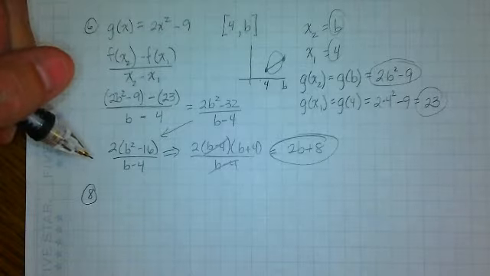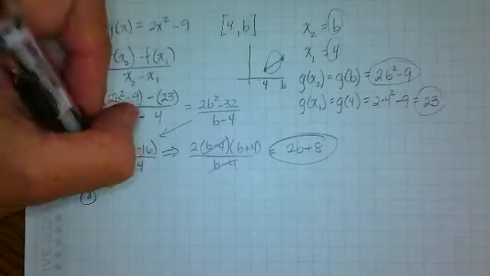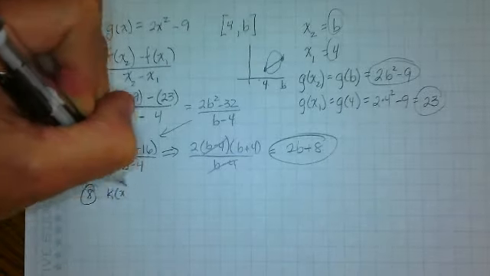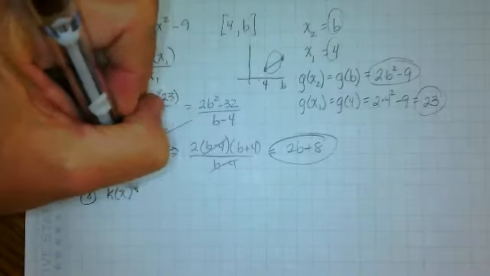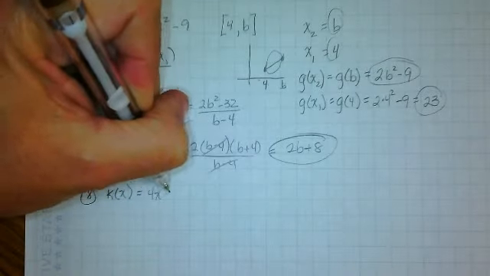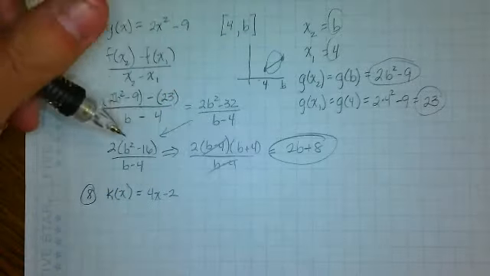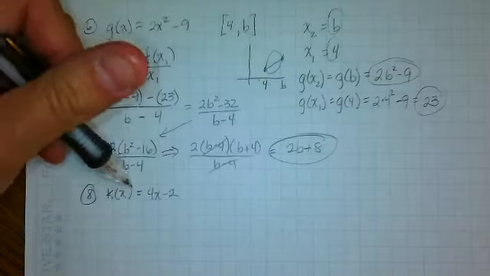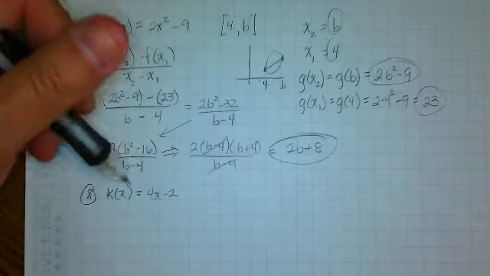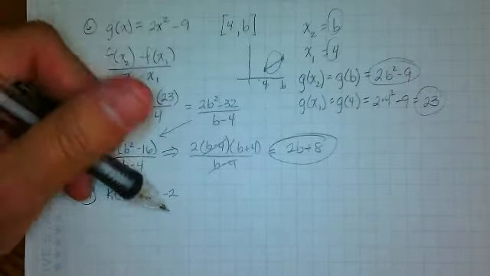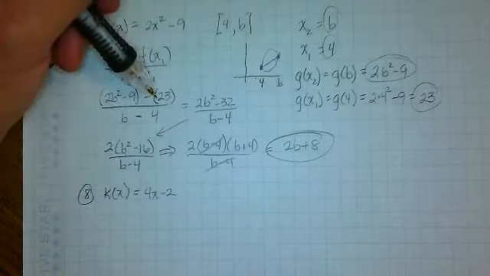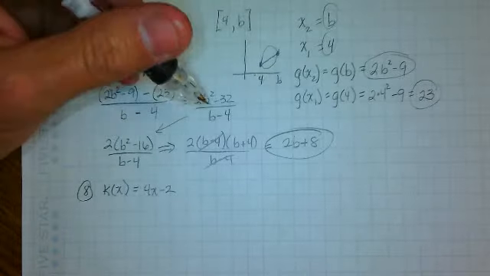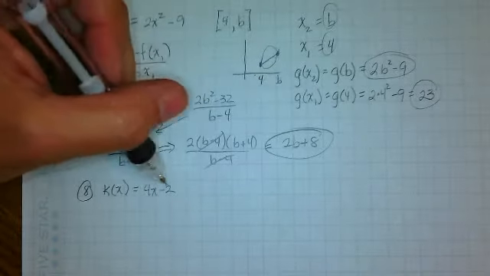Number 8. Sorry, I turned my page. K of x is 4. The rule is 4x minus 2. Remember I said the other day, just think of a function as a machine. You put a value into it and you get out a value.